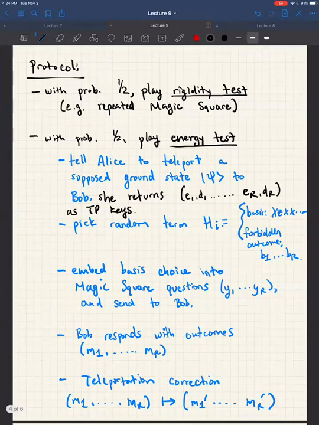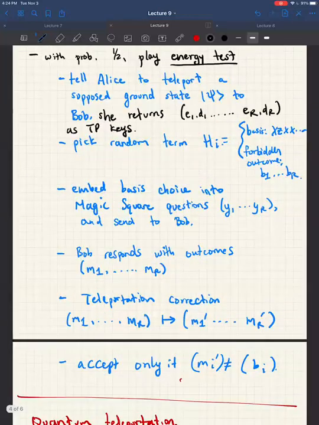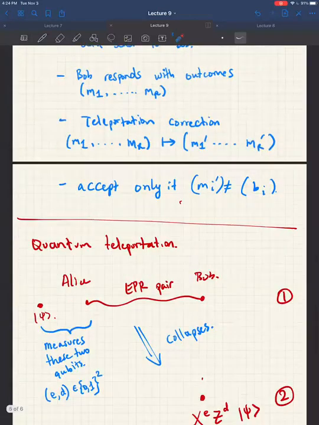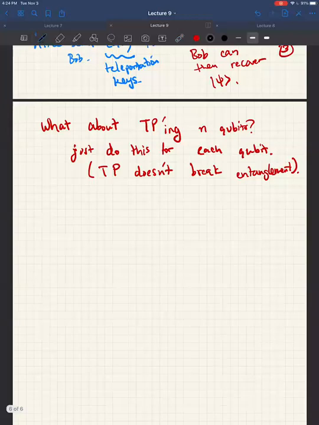All right. So imagine that she really did do the teleportation. Then after this step on Bob's side, let's see.